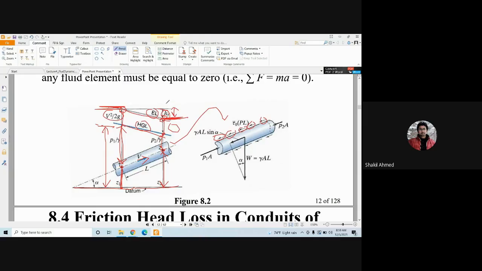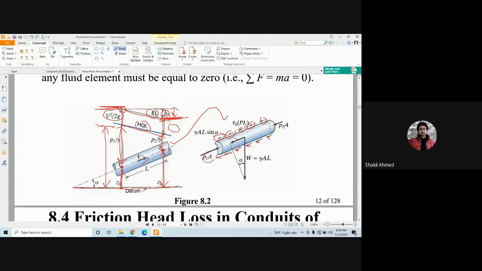And this friction will act surrounding the pipe everywhere.